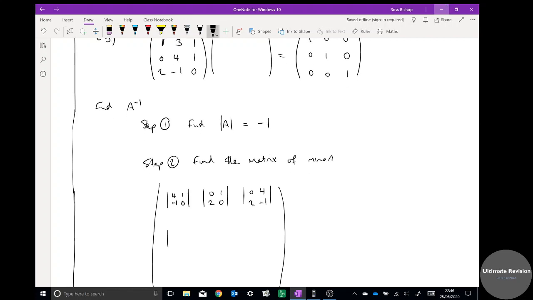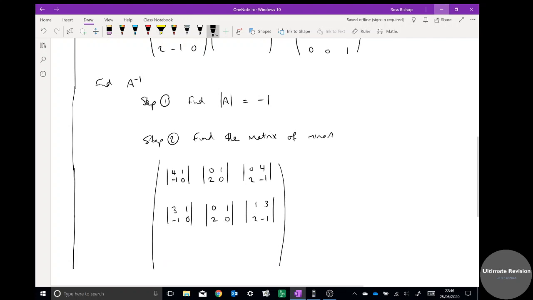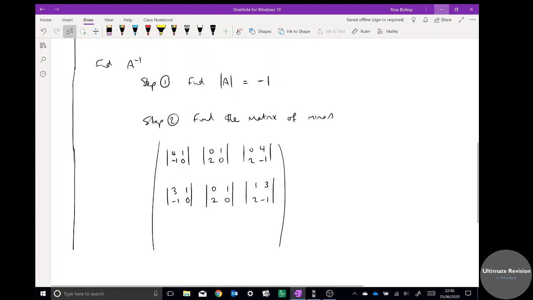Now, if we fill in the second row, put the 0 here, I cross out that row and the column it's in, so it's going to be 3, 1, -1, 0, and so on. Okay, next one, cross out the middle row, I get 0, 2, 0, and then the final column, it's going to be cross out 1. Keep going, last one, 3, 1, 4, 1.